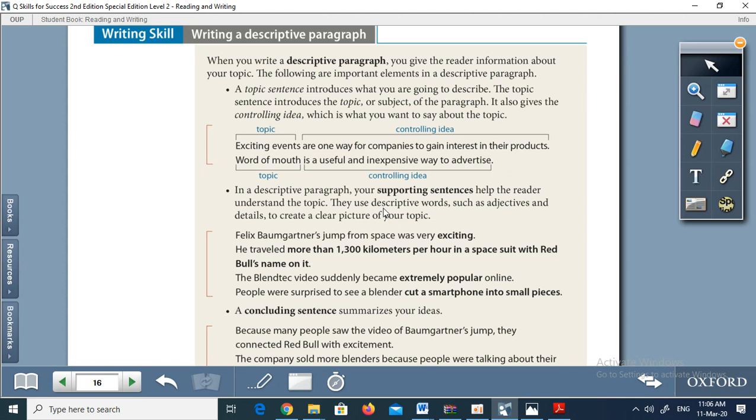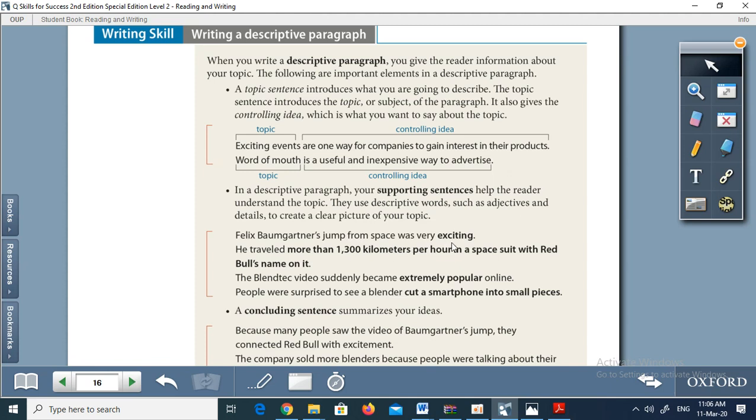For example, if you read here, it says exciting events are one way for companies to gain interest in their products. Word of mouth is a useful and inexpensive way to advertise. So this is the controlling idea, and this is the topic sentence. And here, Felix Baumgartner's jump from space was very exciting.